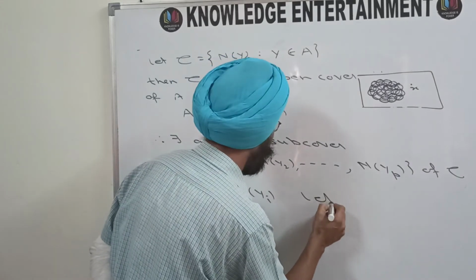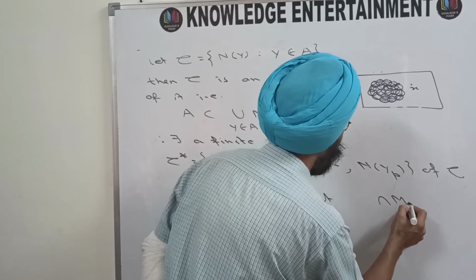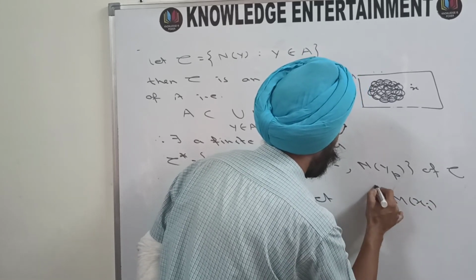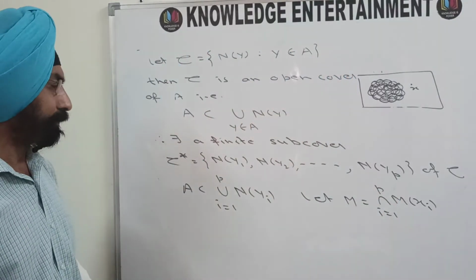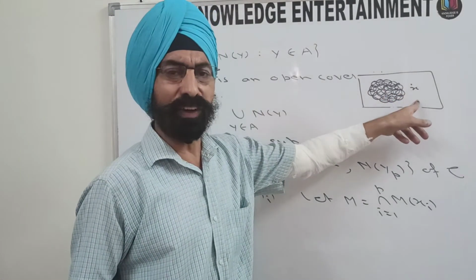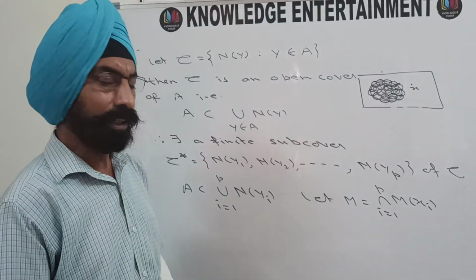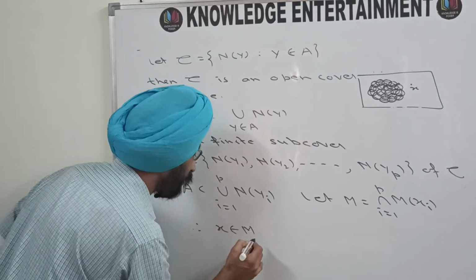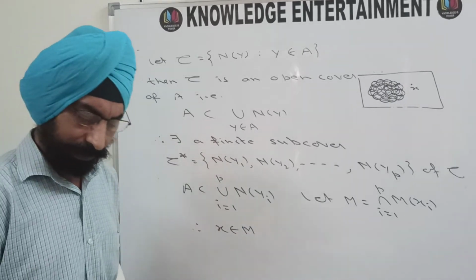So let the intersection of all Mxi's, i varying from 1 to p, I am naming it as M. And since this x is fixed, every time x will be a member of this. So x will definitely be a member of M.